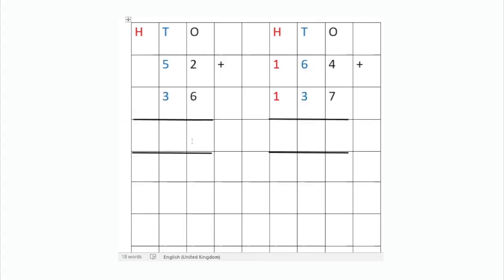So 52 add 36. First of all, we need to understand which is our tens and which is our ones column. We're going to start with the number 52, which you can all see. As you can see, I've done them in different colours. I've done the hundreds in red, tens in blue, and the ones in black. Going back to our place value, 52 has 5 tens, but it also has 2 ones.